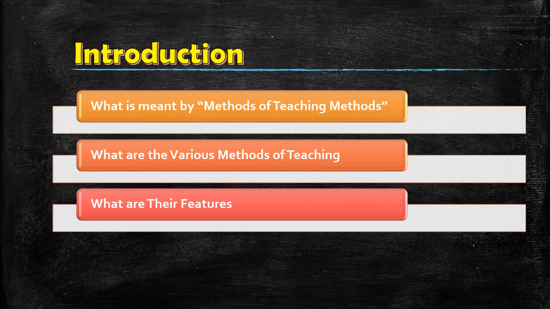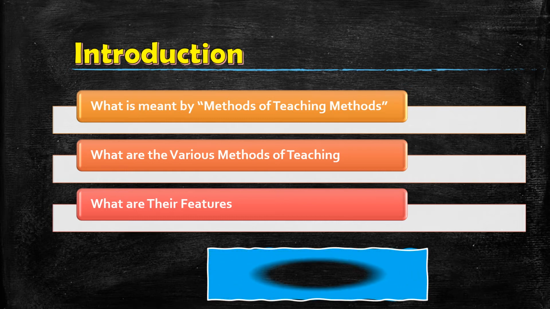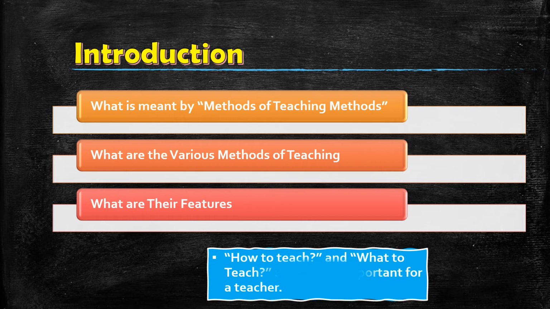Students, teaching is a systematic set of activities undertaken by teachers in order to achieve specifically the pre-decided learning objectives. Therefore, how to teach is as important for a teacher as what to teach.